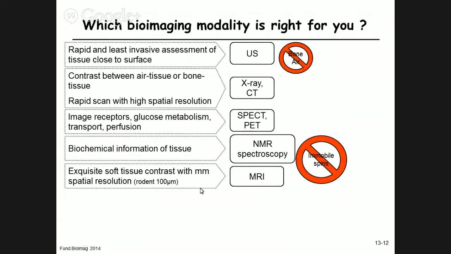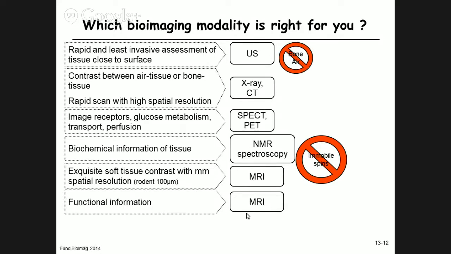Okay, so MRI, immobile spins are a no-go, bones are not good. Functional information, we have MRI. If we talk about brain function in particular, there is some functional information you can get with CT or with these other techniques, but MRI here is, in the meantime, also the preferred technique.